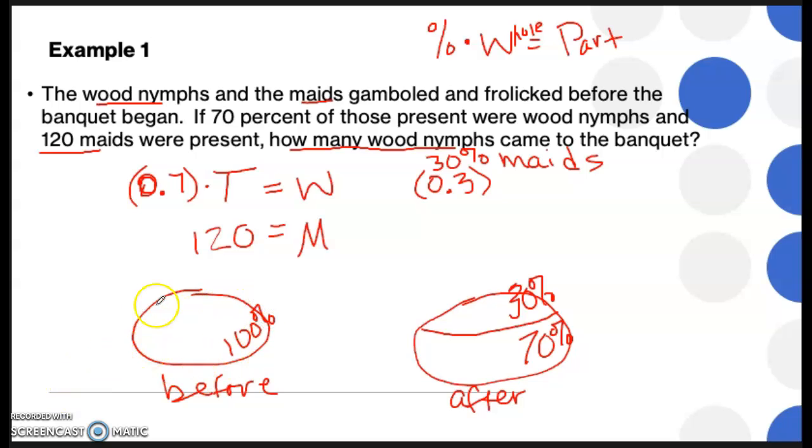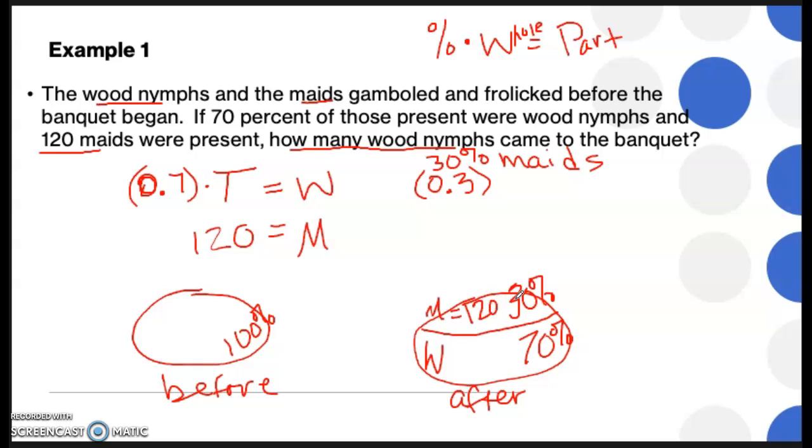I don't know the total people at the banquet. They don't tell us that. I don't know how many wood nymphs there are. This would be my wood nymphs because we know that's 70%. That's what they tell us in this second line. 30%, the leftovers, must be the maids. And it does tell us that the maids are 120.